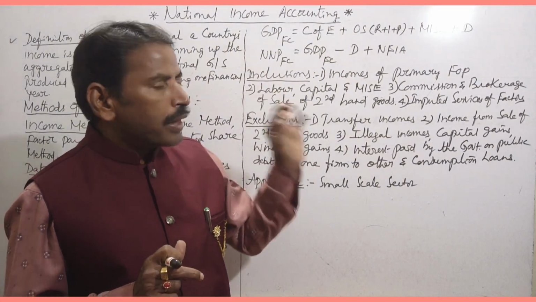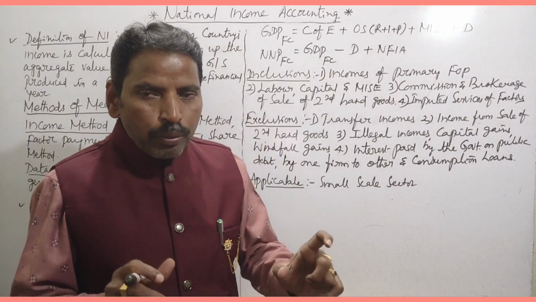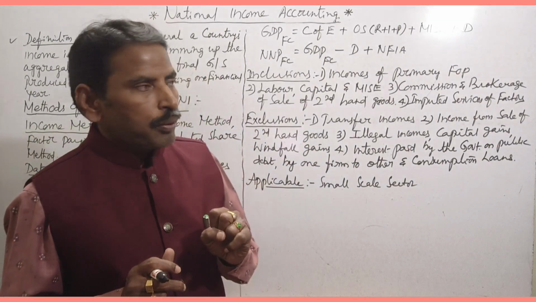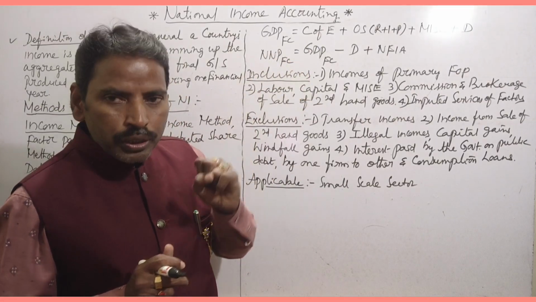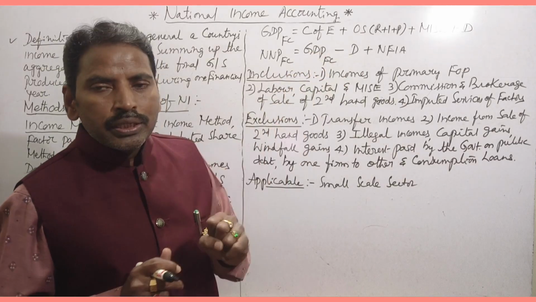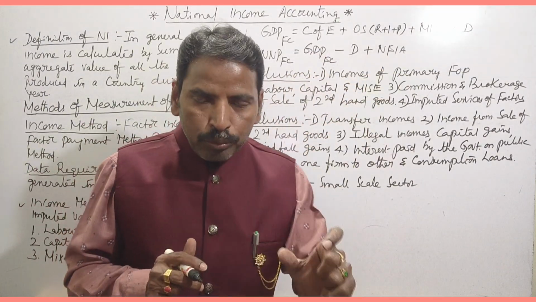To NDP factor cost, we add net factor income from abroad, then we get NNP factor cost. So NNP factor cost or national income is equal to GDP factor cost minus depreciation plus net factor income from abroad.